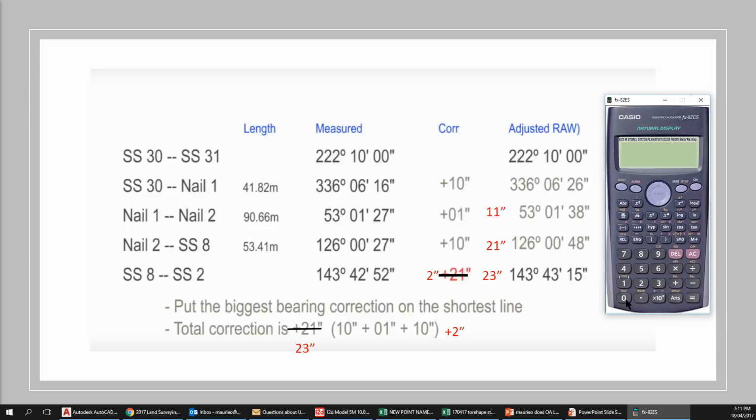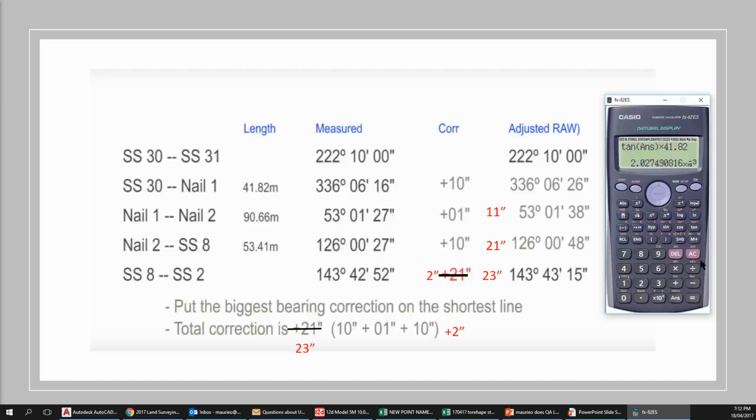The way to work that out is to go 0 degrees, 0 minutes, 10 seconds, equals, and then take the tan of that answer, and then multiply by 41.82.